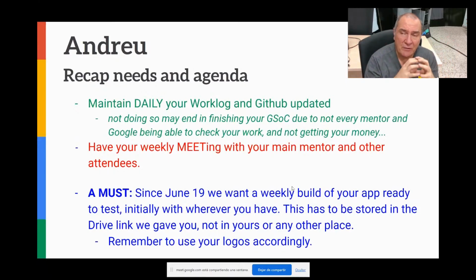The point is that you have to have something that is compiled and on the drive we give to you, not your drive, but our drive, so that the many students in our laboratory and other laboratories, and also the external contributors, can test your applications and give you feedback. So we need it on June 19th first, and then every Monday, your weekly build of the application ready to test, okay? Stored on the drive link we gave you and not in any other place.